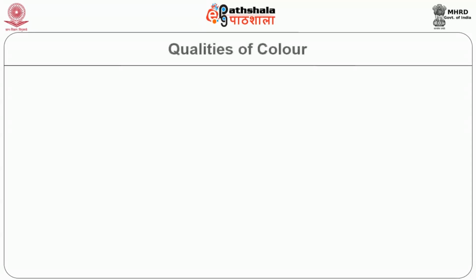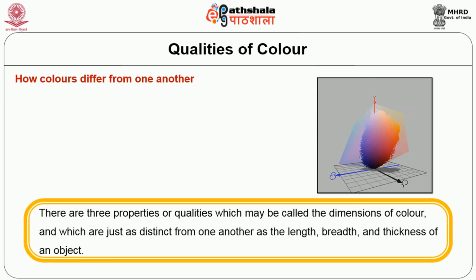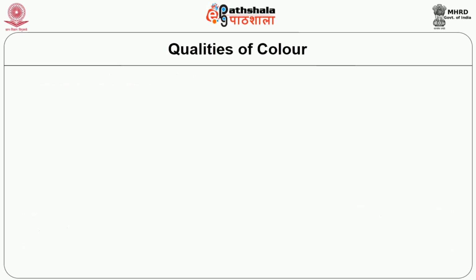Let's see the qualities of color. We'll see one by one the qualities of color, how colors differ from one another. There are three properties or qualities which may be called the dimensions of color and which are just as distinct from one another as the length, breadth and thickness of an object. We'll see the three different dimensions of color.